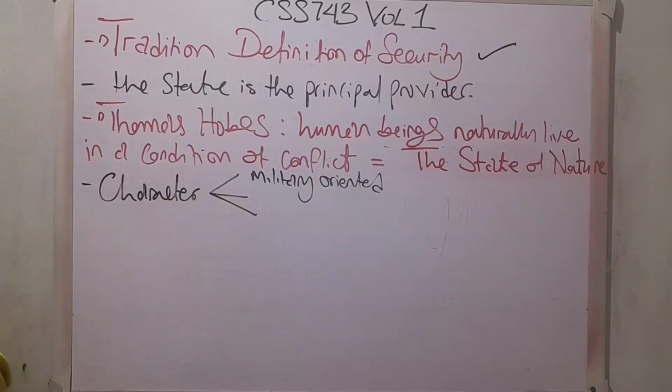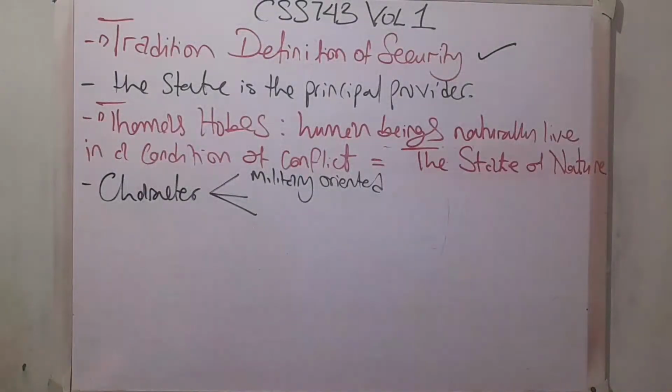Emphasis is laid on law enforcement. Government has monopoly over the legitimate use of force. It is only the government that has the right to use power. Nobody else has the legitimate right to the use of force.